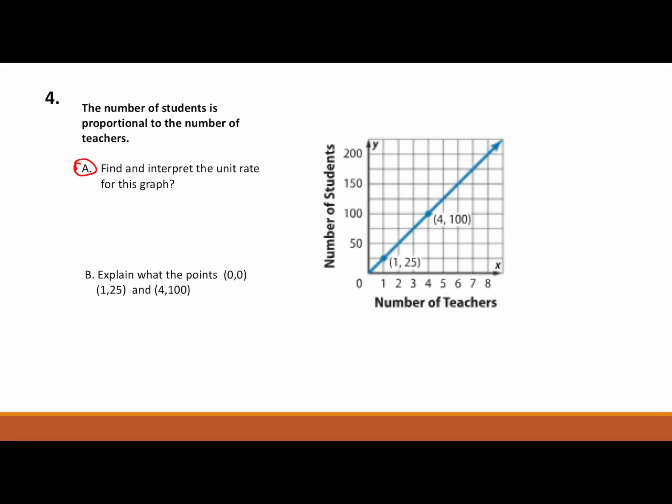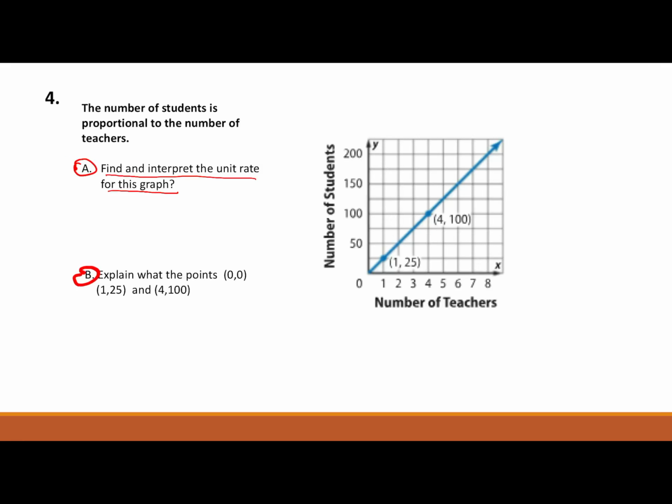Part A is asking us to find and interpret the unit rate. Part B is asking us to explain what these points represent. So go ahead and push pause, do this problem on your own. All right, you should be back now.